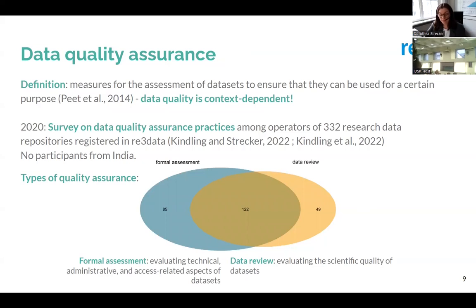And because that purpose can vary depending on what you want to do with data, what constitutes high quality data depends on that specific purpose.